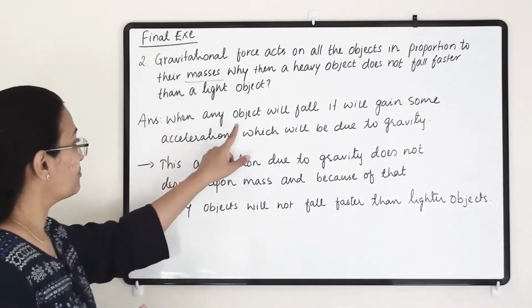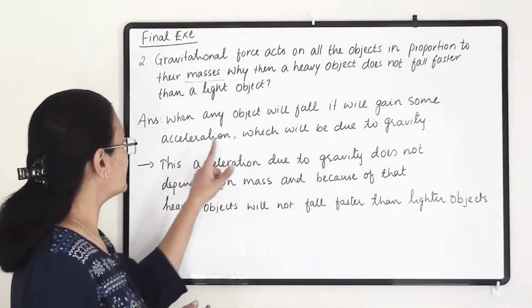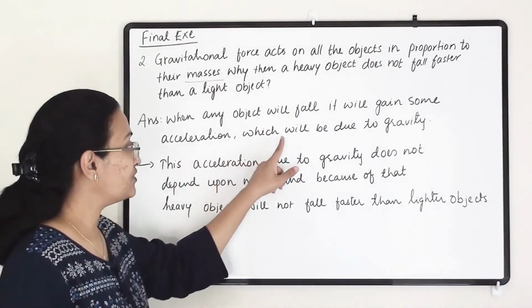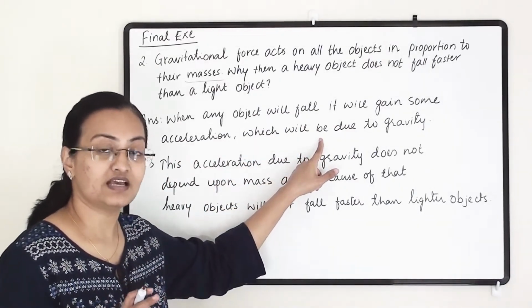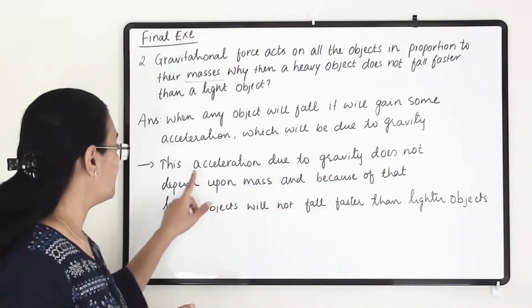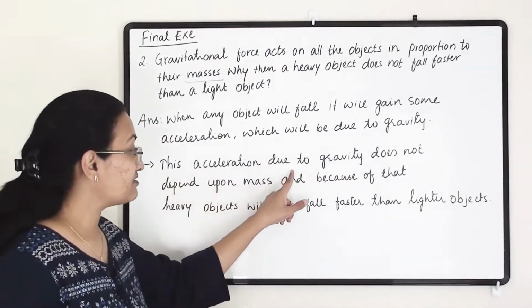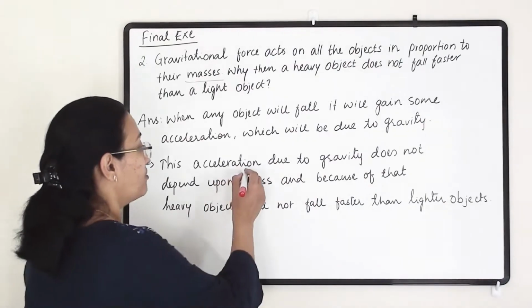When any object falls, it will gain some acceleration due to gravity, and we know this acceleration is known as acceleration due to gravity. This acceleration due to gravity does not depend upon mass.